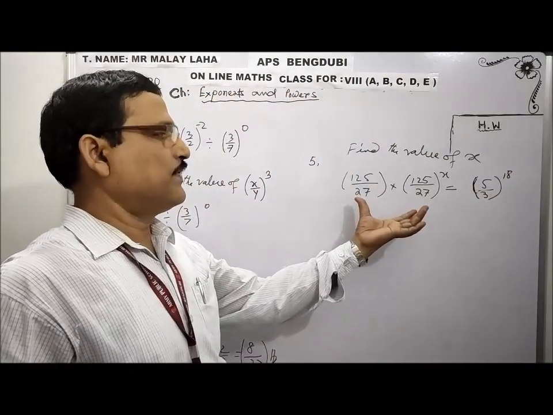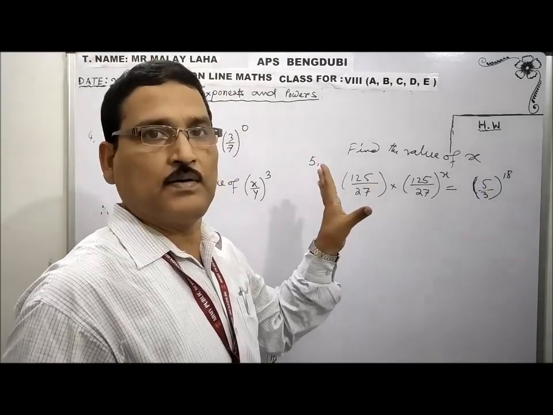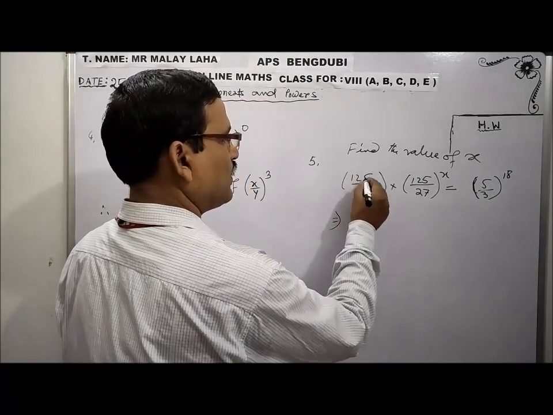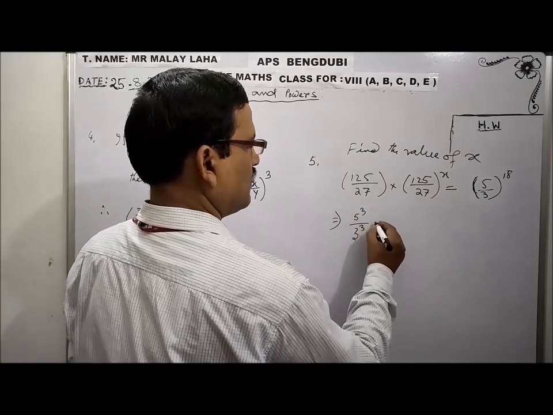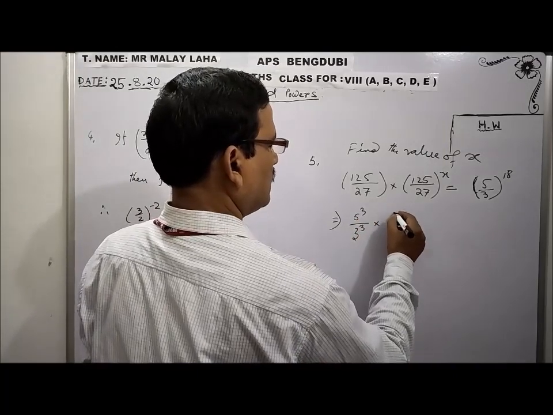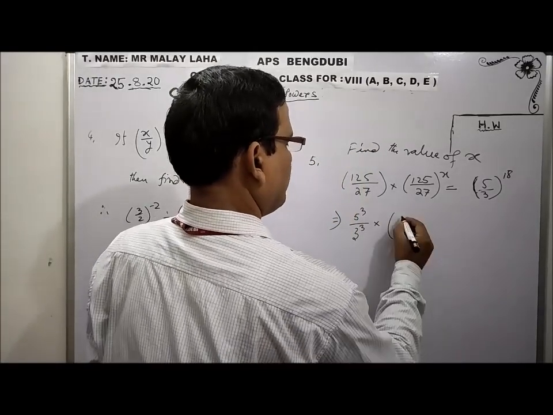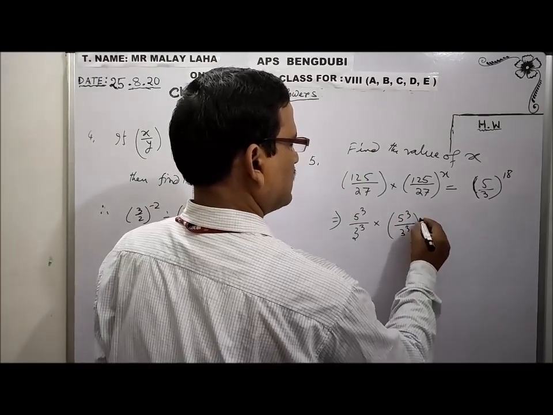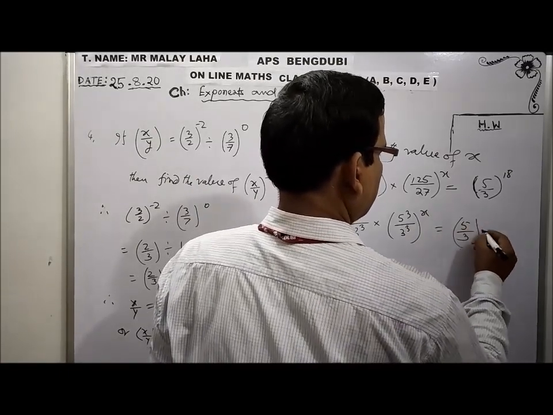Therefore, whatever part we have on the left hand side, there is no link with the right hand side. But the number is in a bigger form. So what can I do? I have to reduce the number. 125 is a cube of 5, and 27 is also a cube of 3. So (5 cube by 3 cube) with x outside equals (5/3) raised to 18.